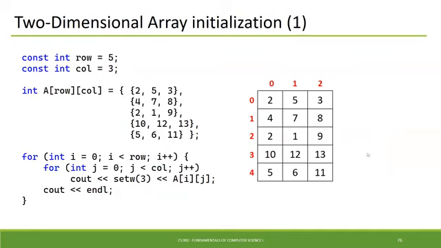And this shows how to initialize a two-dimensional array. Let me review the one-dimensional array first, and then I'll talk about this one. See, int a, let's say 5, I think it would be nice: const int n 5, int a[n] is like this.